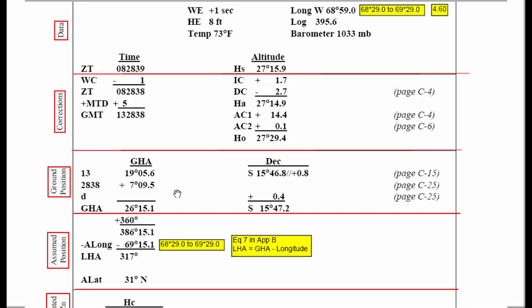The next section is where we compute the ground position of the sun at that moment in time. That's in 2 dimensions. One is GHA, Greenwich hour angle, and the other is declination, that is the position of the GP of the sun either north or south of the equator. In this case it's south of the equator.